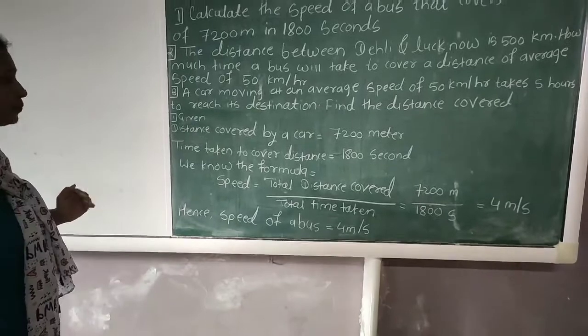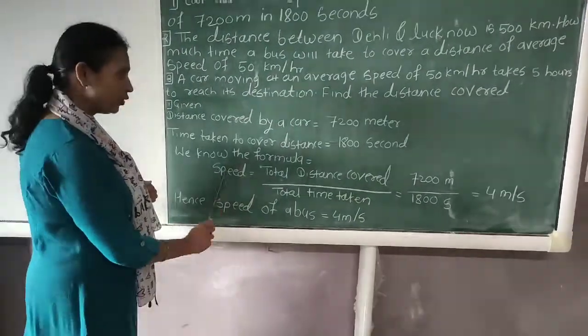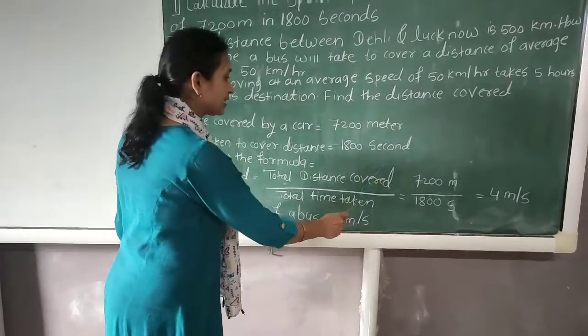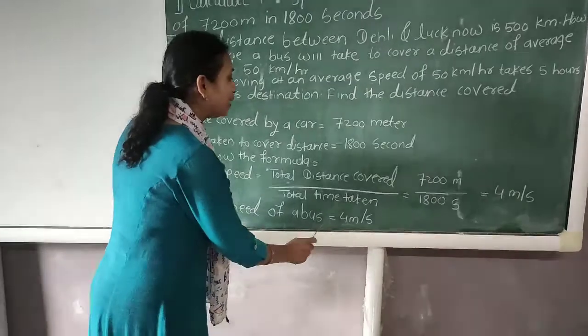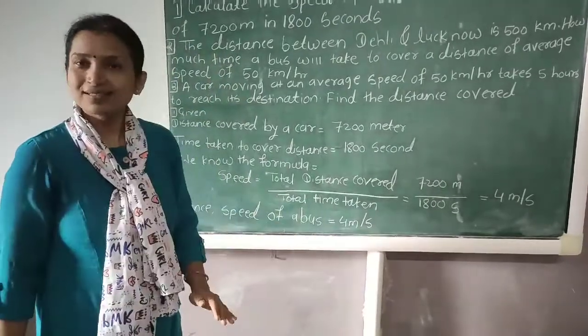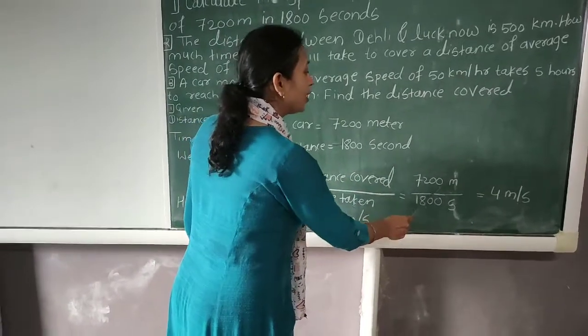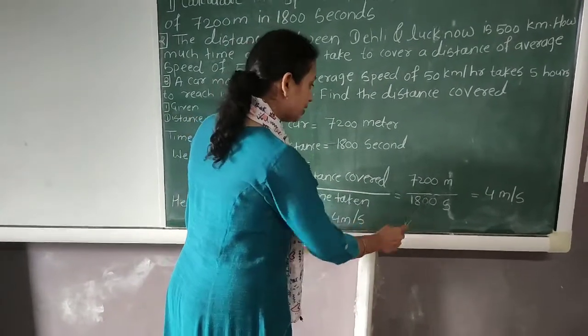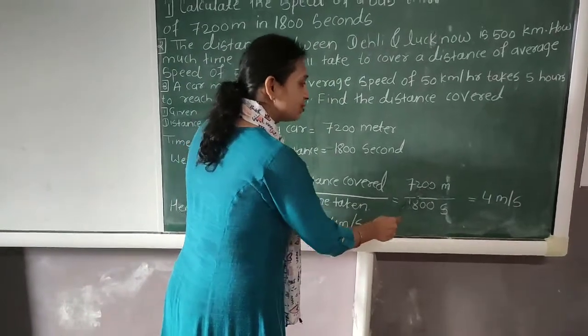If we want to calculate speed, we have a formula: total distance covered by a particular vehicle divided by total time taken for covering this distance. So we have the values, 7200 meters is the distance covered, and 1800 seconds was required for covering this distance.